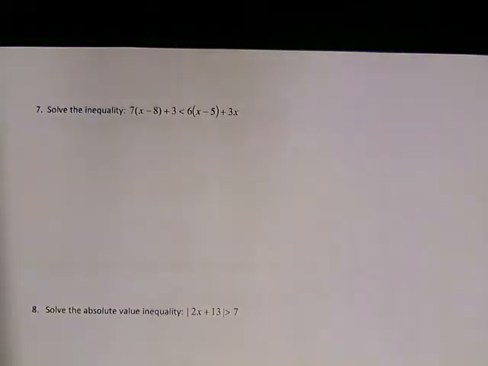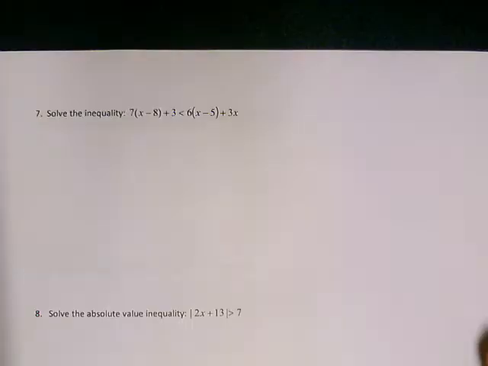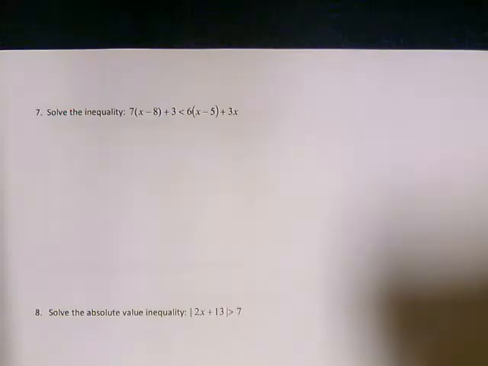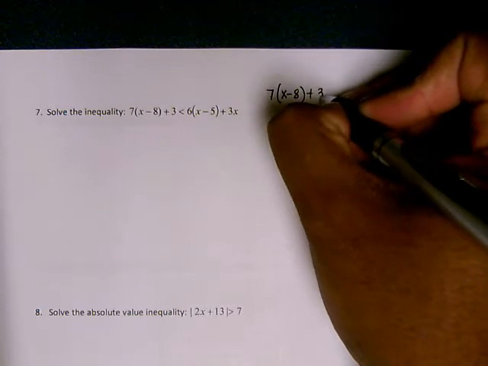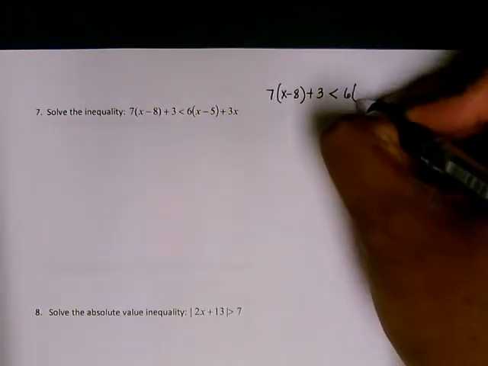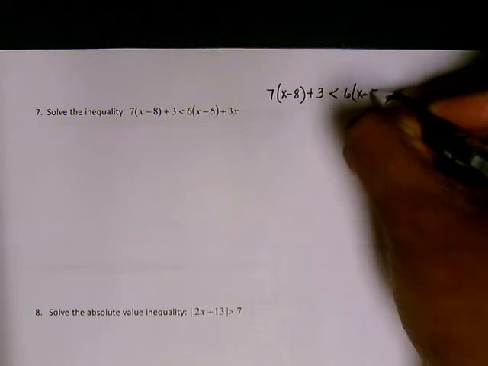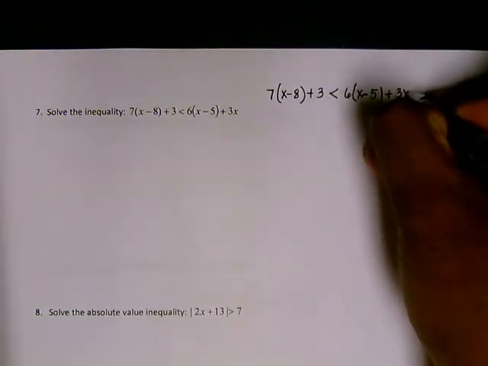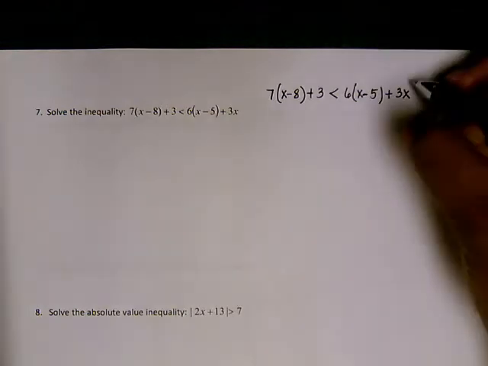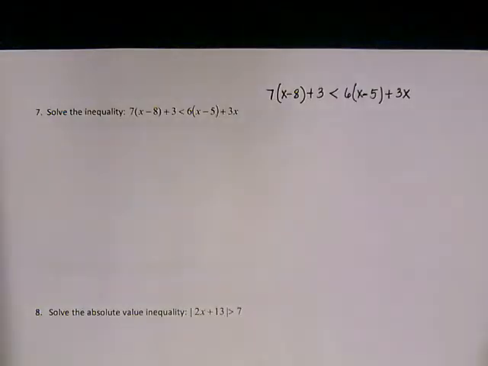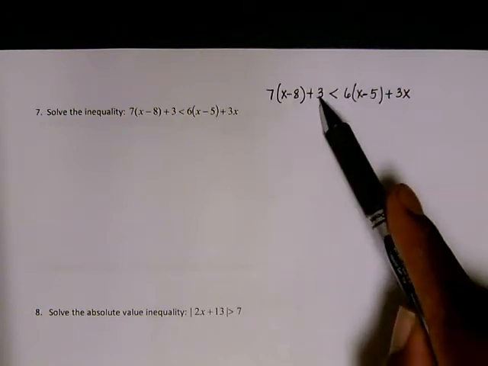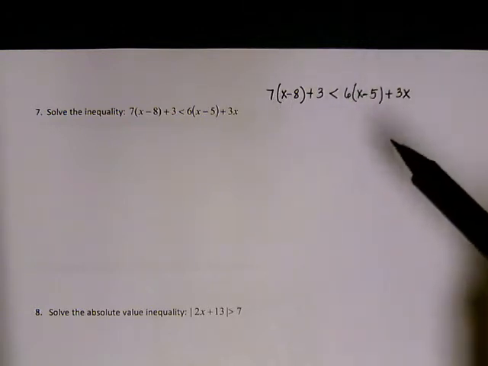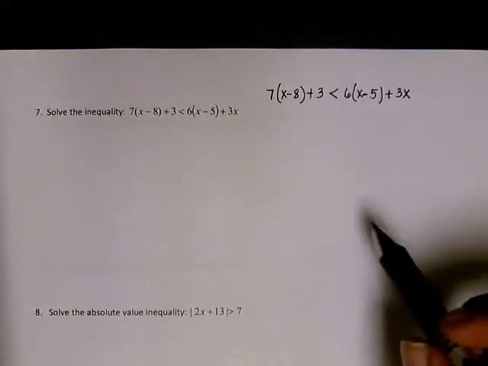Okay, onward to problem number 7. Here we're going to solve the inequality of 7 parentheses x minus 8, plus 3, and that's less than 6 parentheses x minus 5, plus 3x. Okay, in this case here, we need to simplify the left side and the right side by removing parentheses and combining like terms.